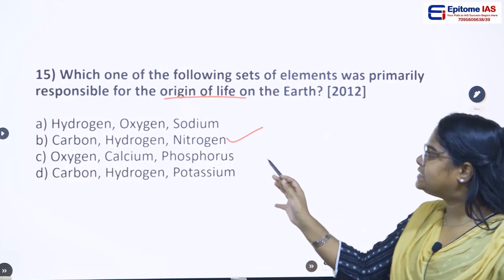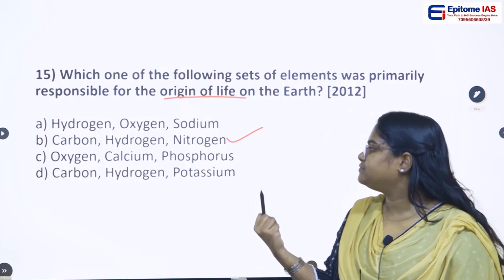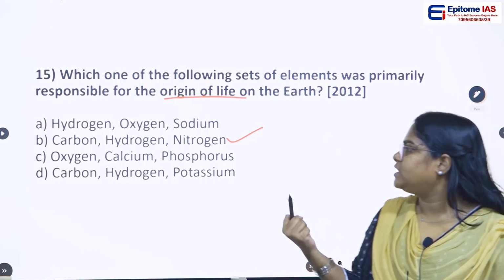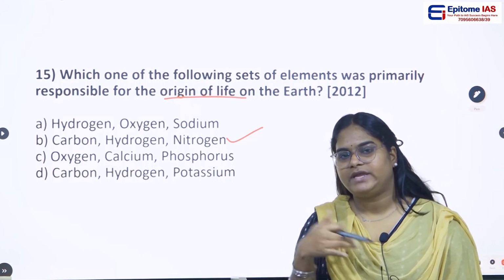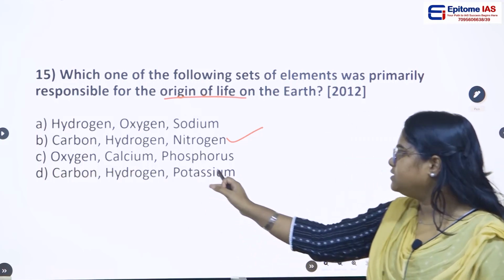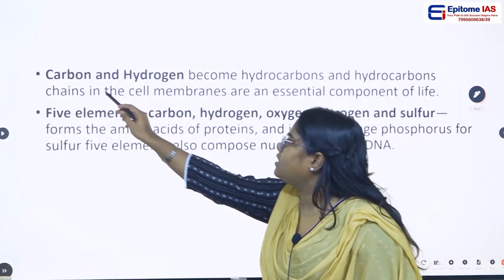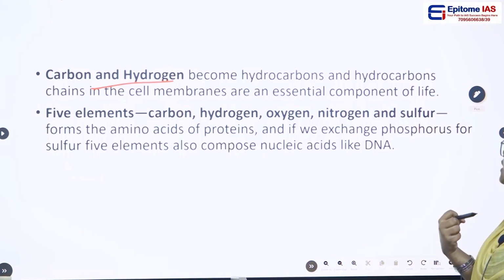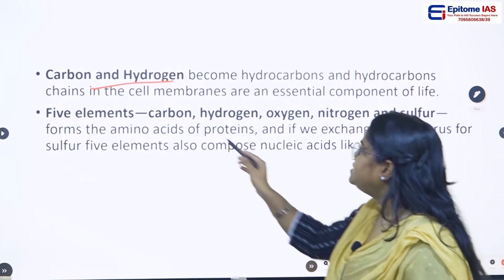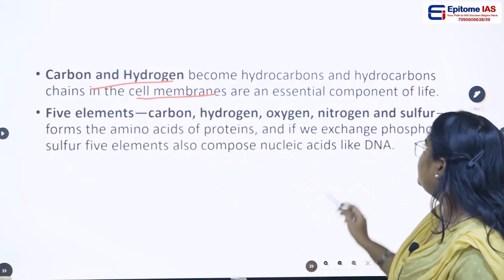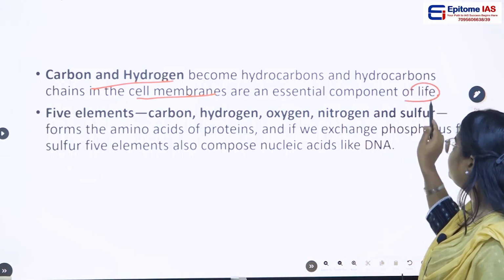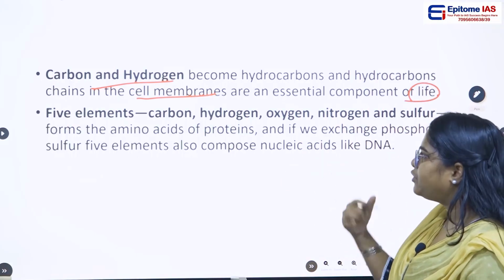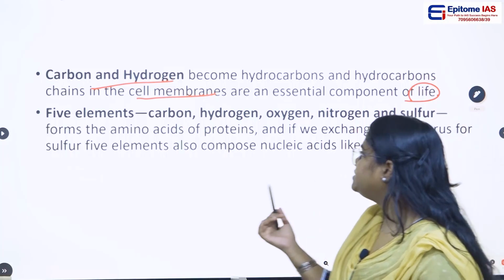If you see, these three are the basic elements which are responsible for the living of any organism. So see here, the carbon and hydrogen became hydrocarbons and hydrocarbon chains in the cell membranes and are an essential component of life. So carbon and hydrogen are important for the survival of organisms.